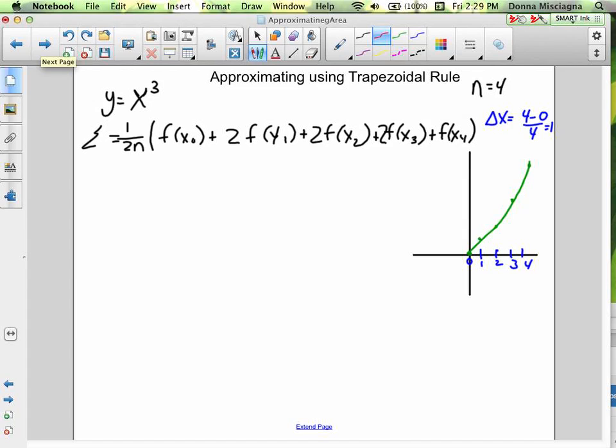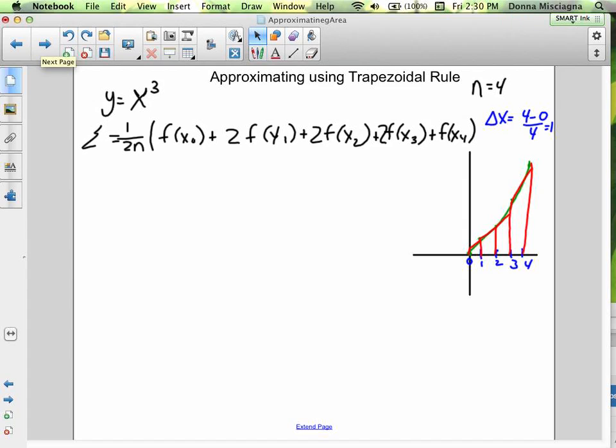And so now we're going to have trapezoids. I do draw them as trapezoids just to remind myself that these are trapezoids and that I need to make sure I use the right equation. All right, so you can see as trapezoids, I'm not going to have much overlap at all.